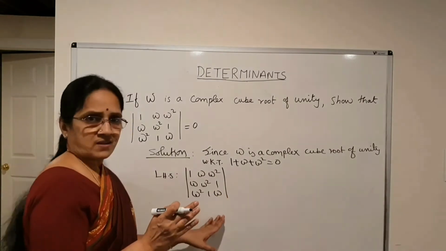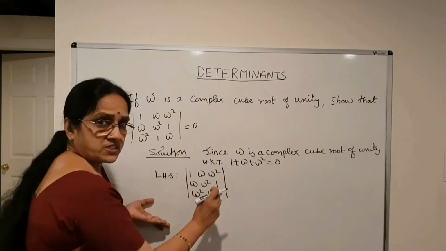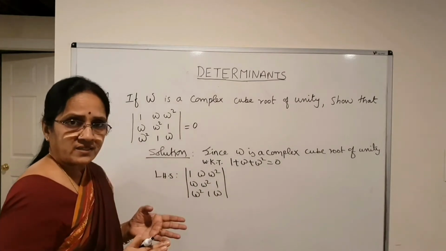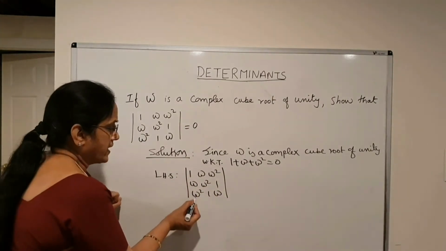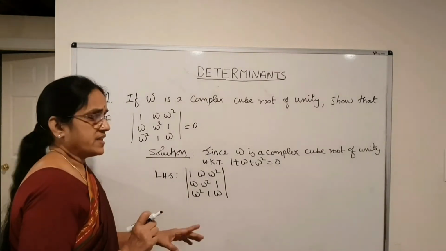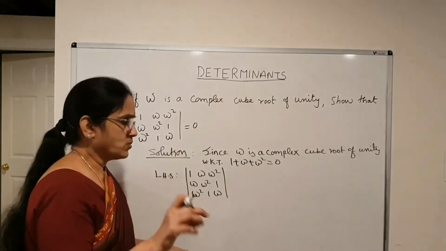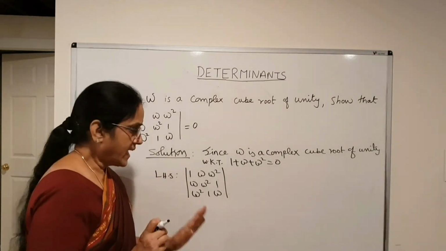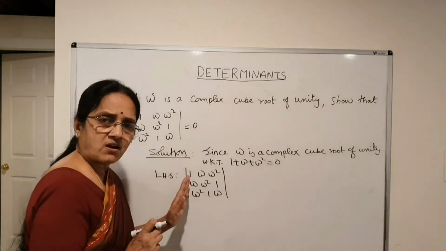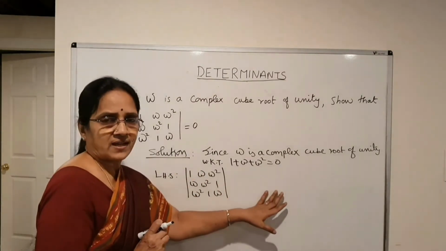So the choice is ours. And when we make the operations, care should be taken that any 2 entries, mostly the consecutive entries in any row or column should be made to 0. Then using that particular column or row, we can expand and get the final answer.